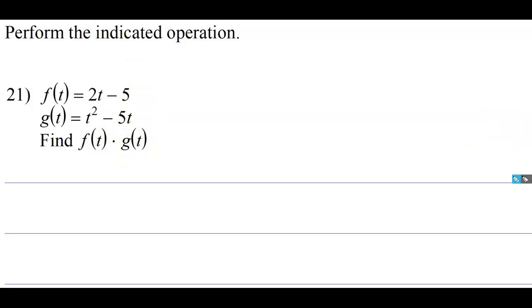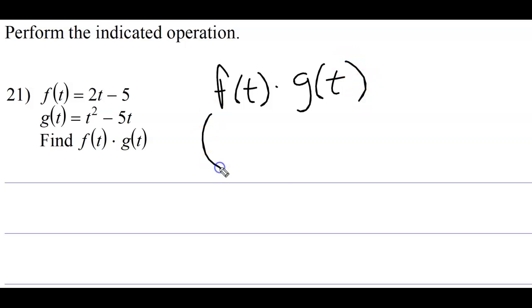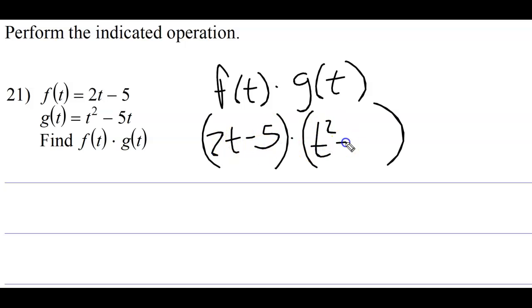Here's a multiplication example. So in this case, I want to do f of t times g of t. So f of t is 2t minus 5, and g of t is t squared minus 5t. Right? And the way that we've learned how to do this is with a box.